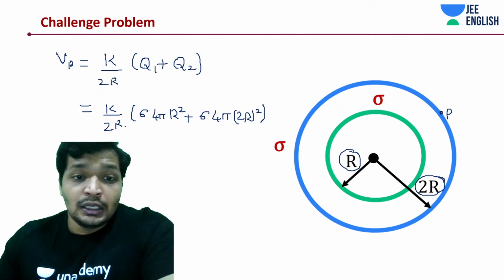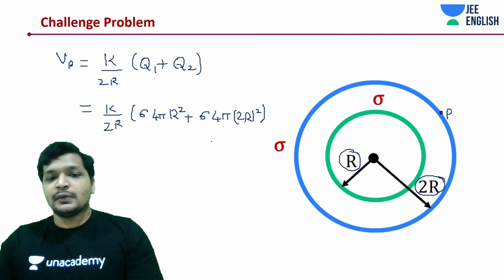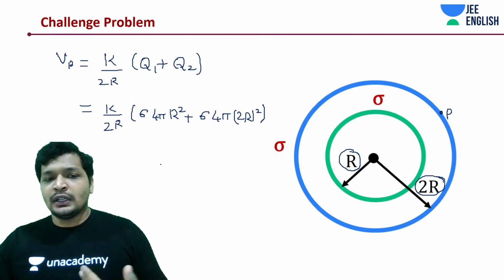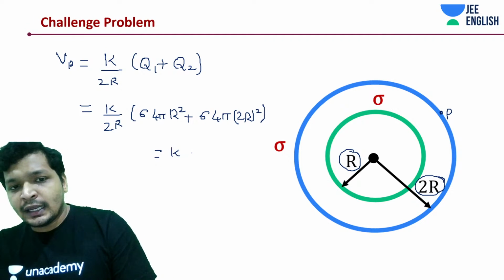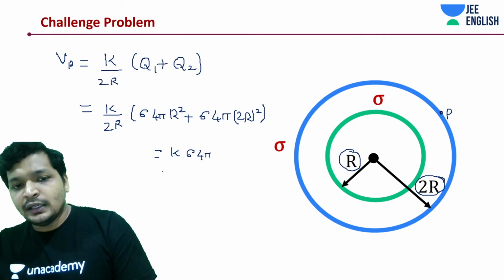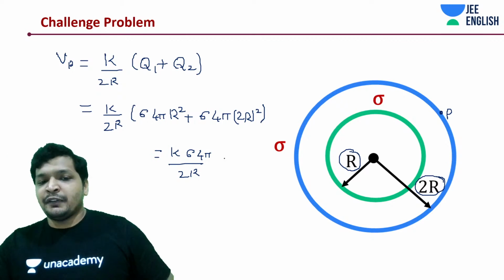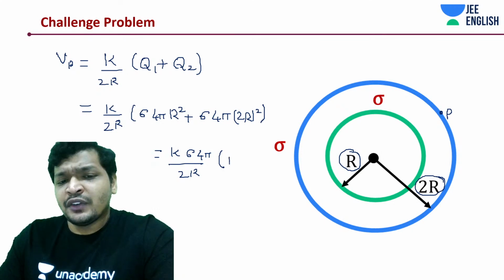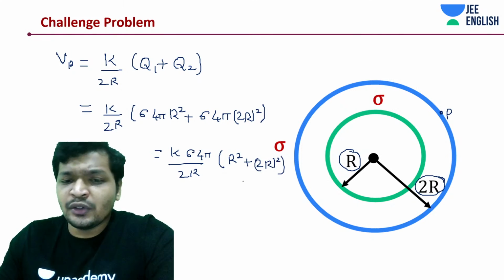Now you need to add them both and you'll come up with some value. We have some space, so I can quickly write it down over here. We can take sigma 4 pi common, 2R. Just don't cancel out anything, because we will finally have to simplify it and solve it. Try to hold on to the common terms always. Anytime you're doing physics, especially for your JEE Mains, JEE Advanced, try to hold on to the common term.